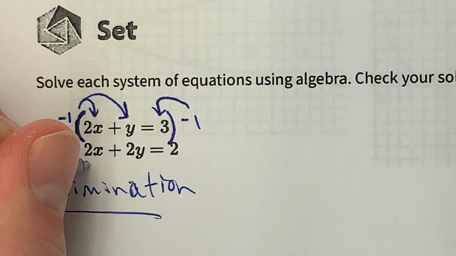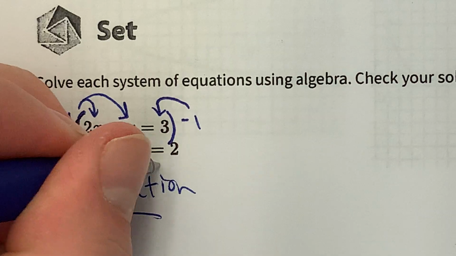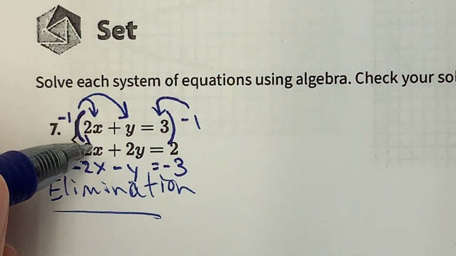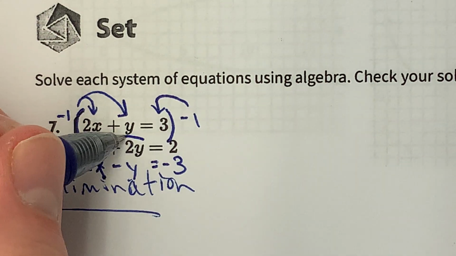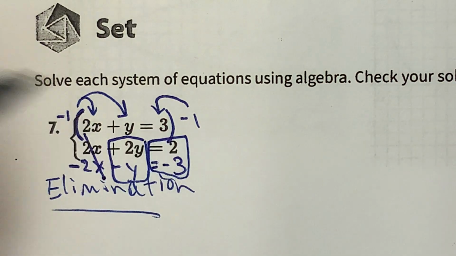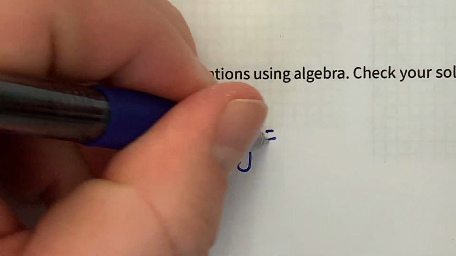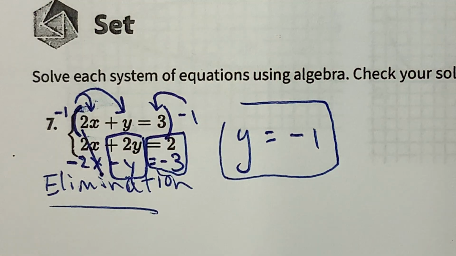I have -2x and a -y and a -3. So these now cancel because of what I did. So I'm going to focus on solving this and solving this. So 2y minus y is just y. And 2 take away 3 is -1. And just like that, I have half my answer.